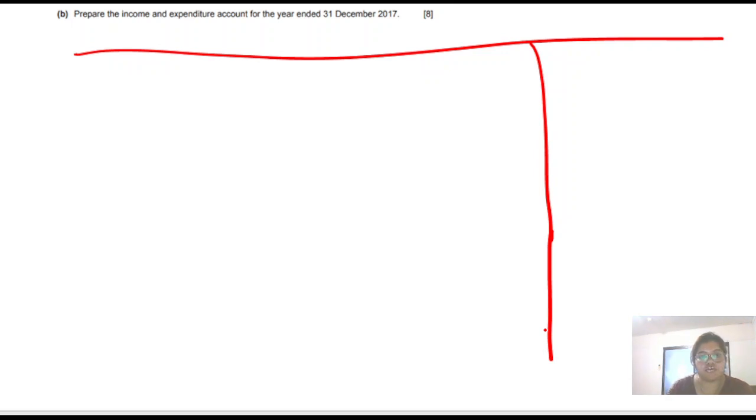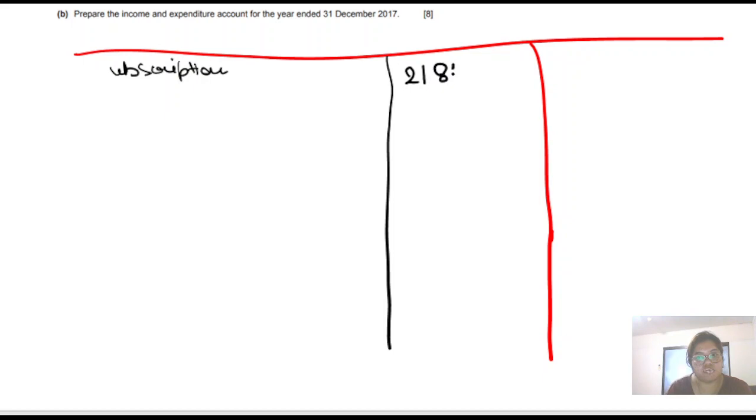So first of all, for income and expenditure account, you have to write down your subscription account. So what is your subscription? Subscription balance is already given, already you have calculated it. That is your 21840. From where you get that balance?